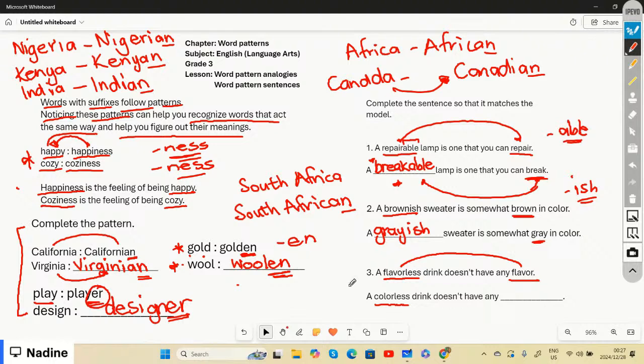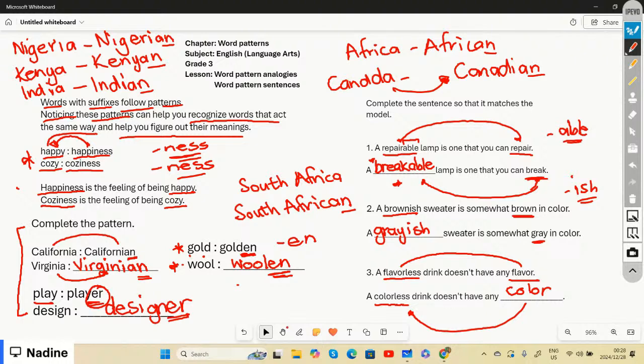All right, and if we were to identify the root word, remember a root word is a word that can stand on its own without a suffix, without a prefix. Well done. If a flavorless drink doesn't have any flavor, meaning if there's no flavor, then it's flavorless. Then we can also say a colorless drink doesn't have any color, meaning if it doesn't have any color, it is colorless. So well done. So that is correct.